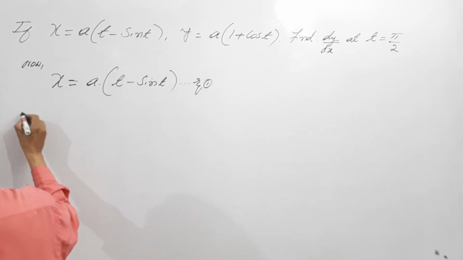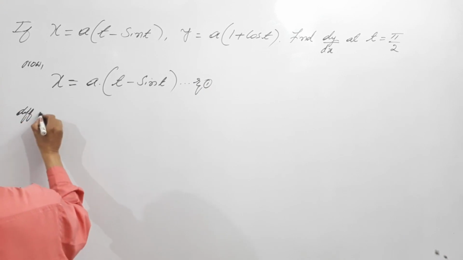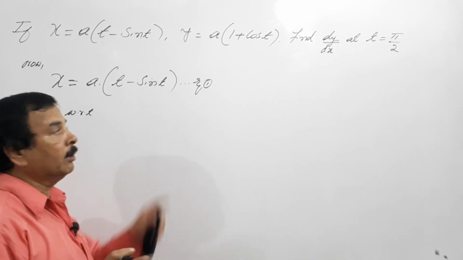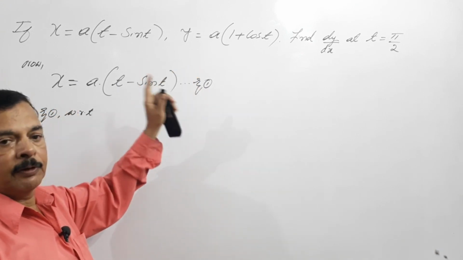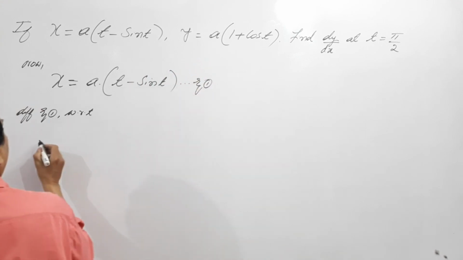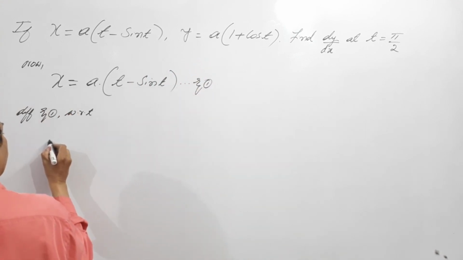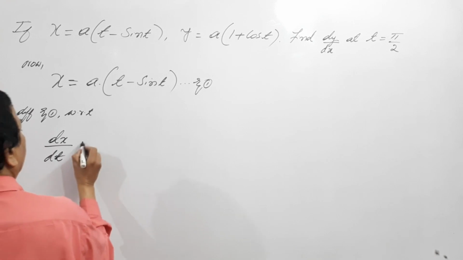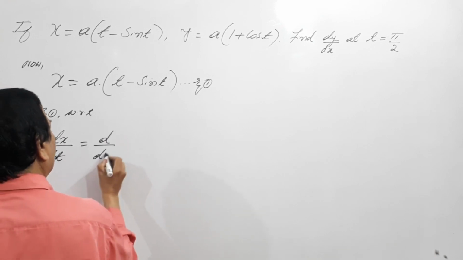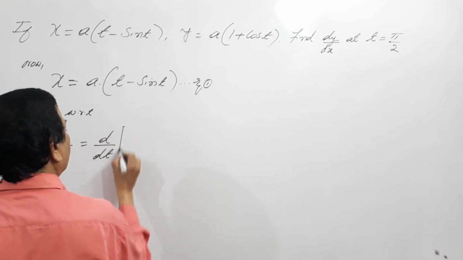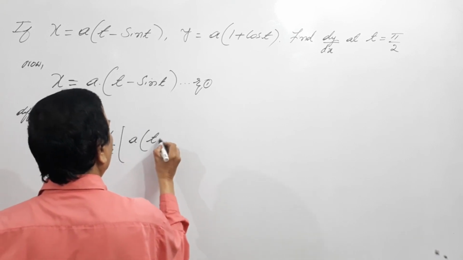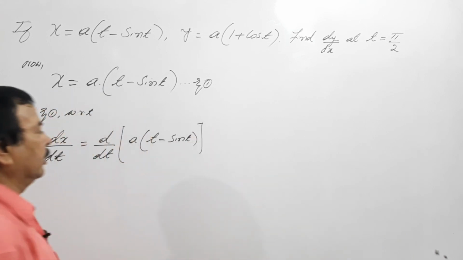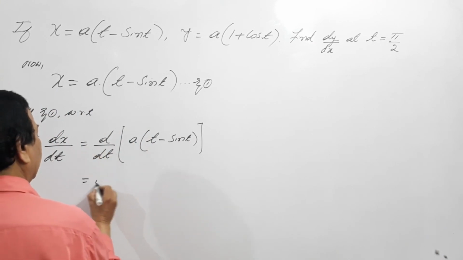So differentiating equation 1 with respect to t, because in parametric functions we differentiate with the third variable t, dx by dt equals d by dt of a into t minus sin t. A is a constant, so I take it outside.